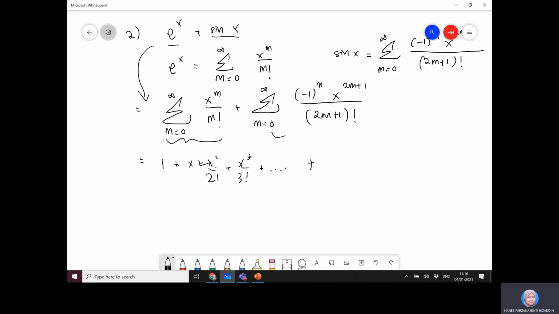And then plus the second part of the series, which is x minus x cubed over 3 factorial plus x to the 5 over 5 factorial minus x to the 7 over 7 factorial, and so on and so on. And you can combine them if necessary. So you get 1 plus 2x plus x squared over 2 factorial.